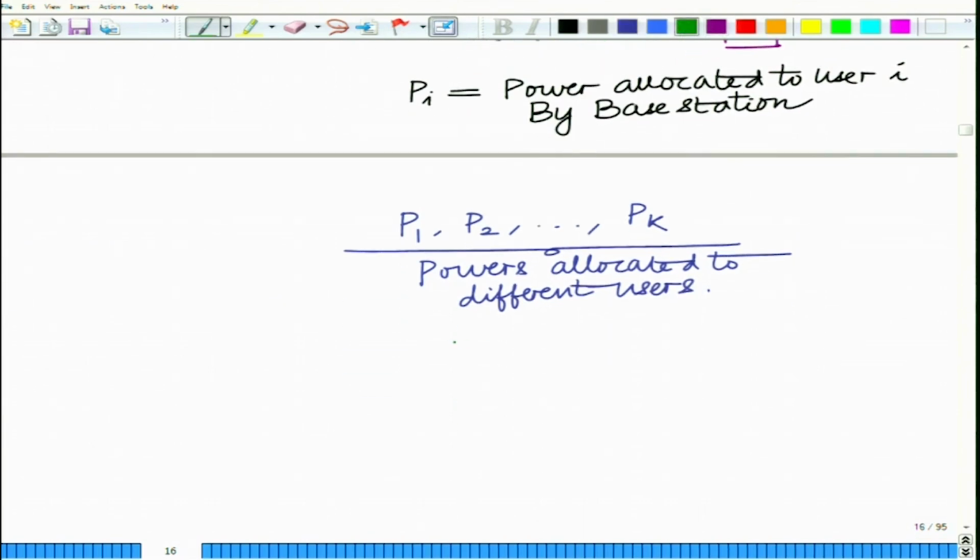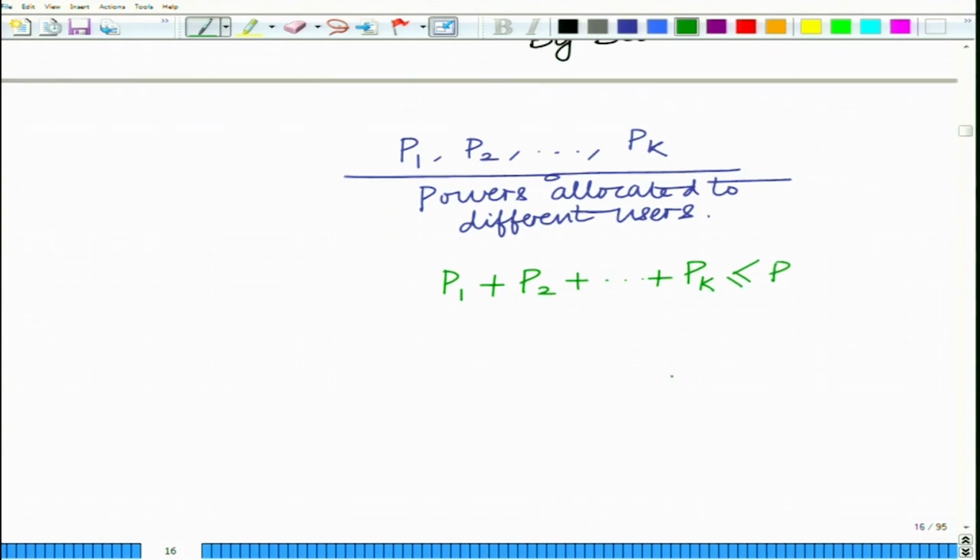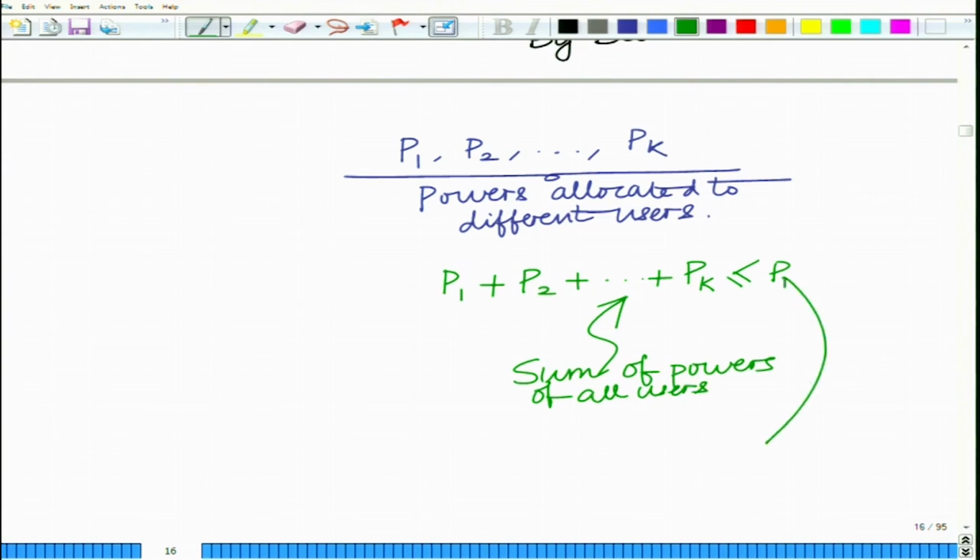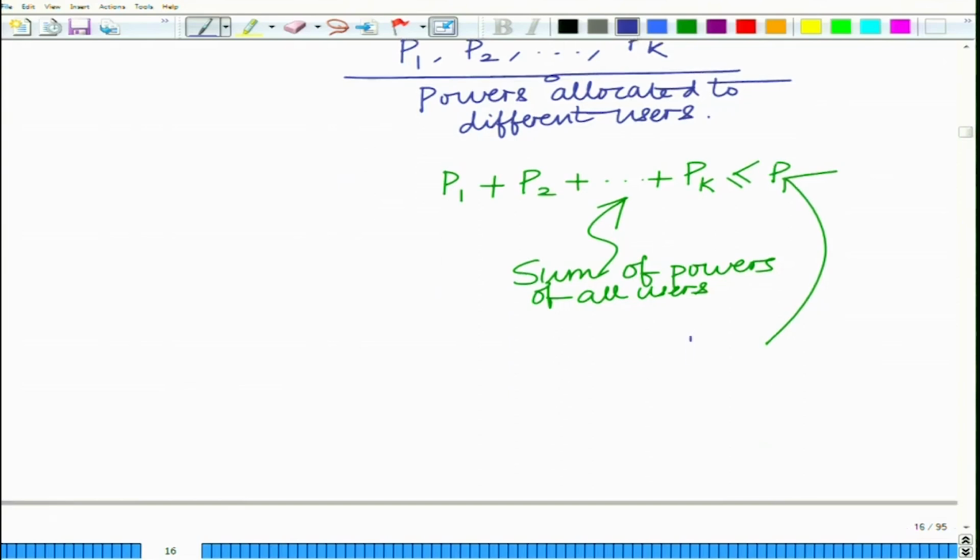Now when we consider P1 plus P2 plus up to Pk, this has to be less than or equal to P, which is the total power of the base station.